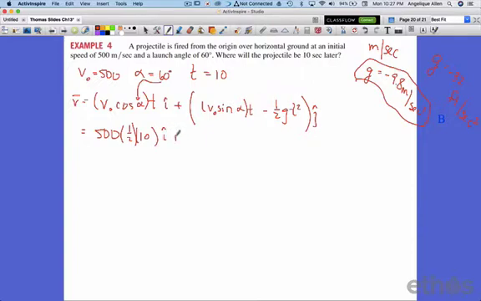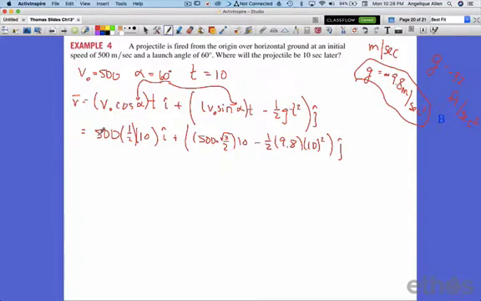So that's i. And then we have initial velocity 500. Sine of 60 degrees is going to be √3/2, times t, so I need to put in 10. Minus 1/2 g, and actually the negative is already accounted for in here, so you just do 9.8, and then 10 seconds squared, and that's in the j direction.